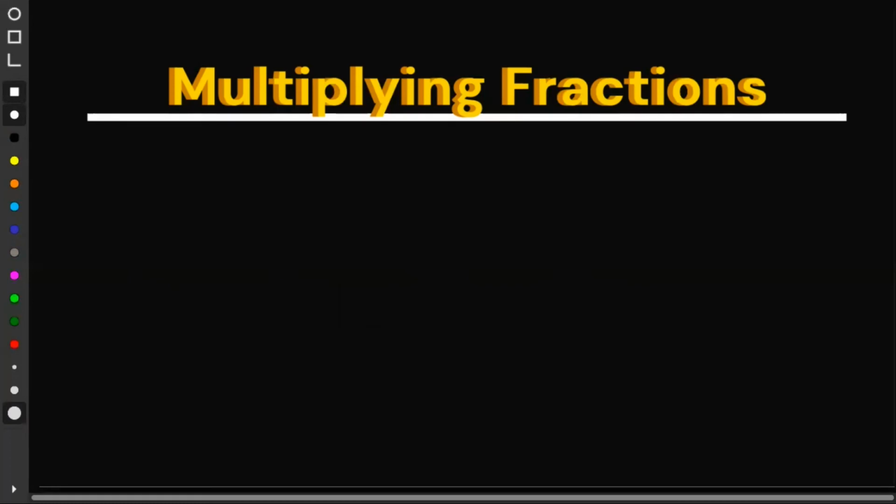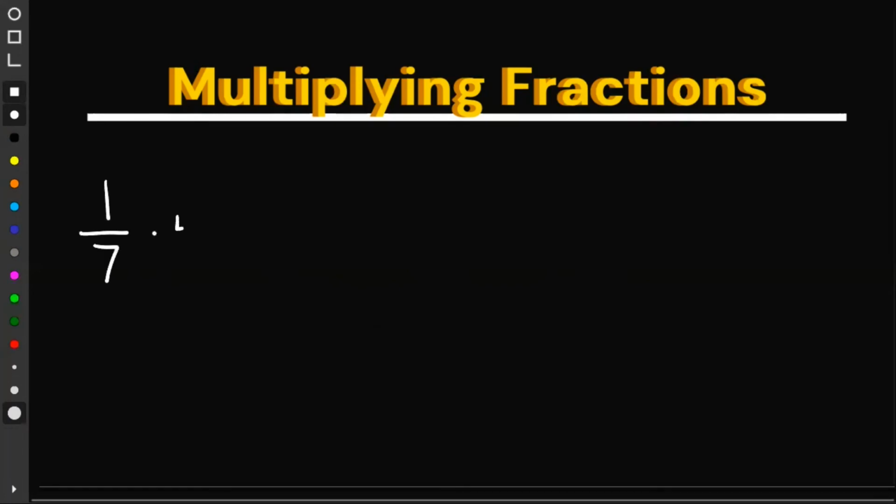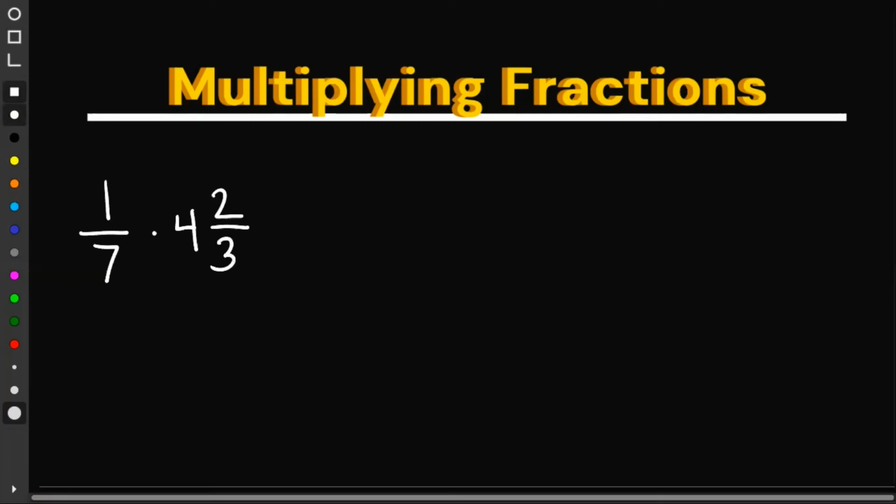Let's try this one. If we have 1 over 7 times 4 and 2 over 3. Now this time we have a mixed fraction. So how do we solve this? The key in multiplying fractions is to convert this one into an improper fraction.